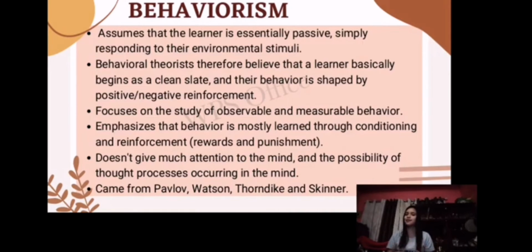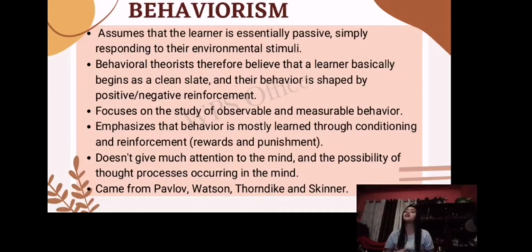Next, behavior theorists therefore believe that a learner basically begins as a clean slate, and their behavior is shaped by positive and negative reinforcement. That means that whatever the behavior is, it is because of the positive and negative reinforcement given to them.